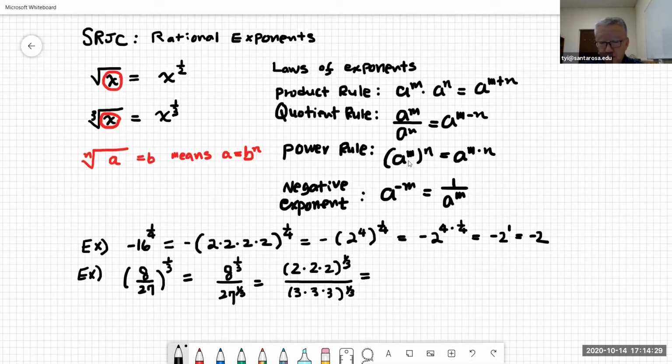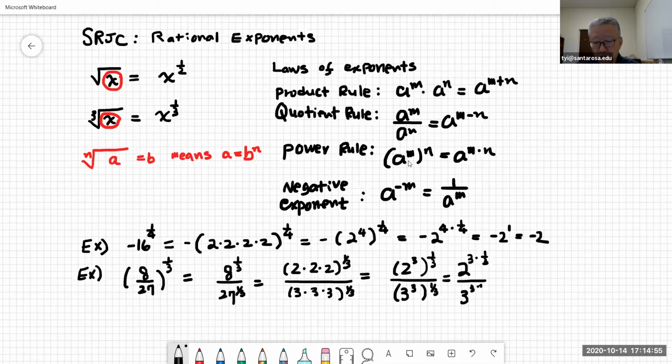If I rewrite this using exponents, I have 2 cubed to the 1/3 and 3 cubed to the 1/3. Now apply the power rule: 2 to the 3 times 1/3, and 3 to the 3 times 1/3. So that will just get 2 over 3.